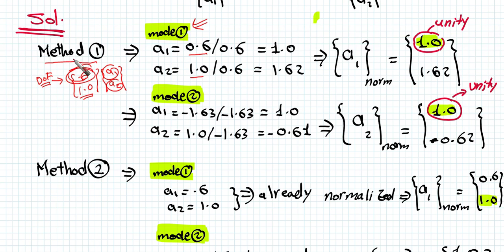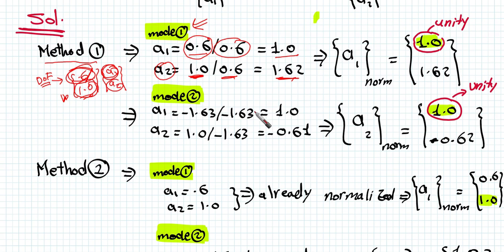In the first method of normalization, we always look at the first amplitude, A1, and equate it with 1. So we divide 0.6 by 0.6, which equals 1. For A2, we have 1 over 0.6, which gives us 1.62.